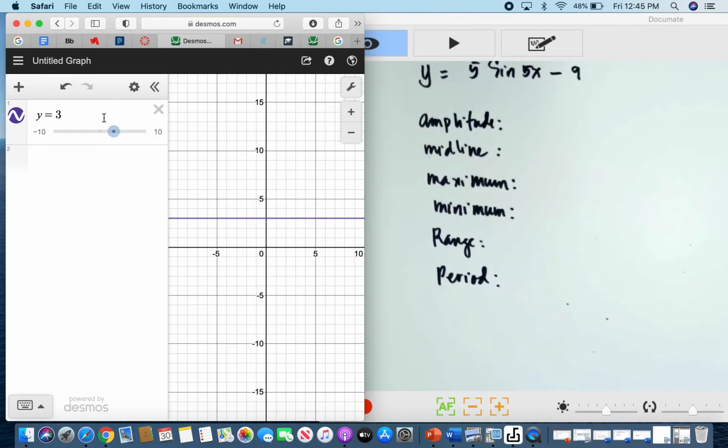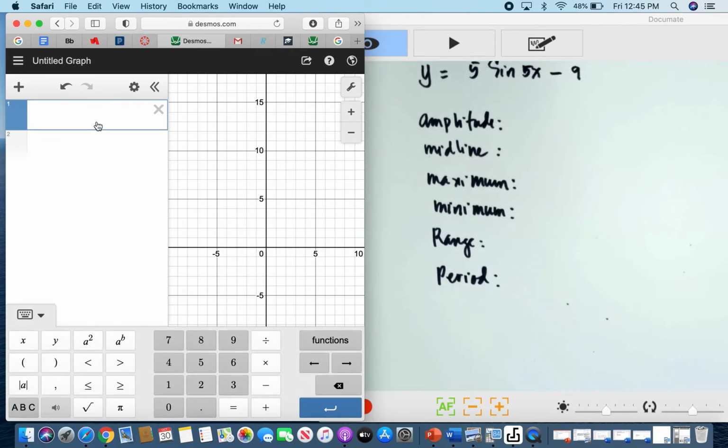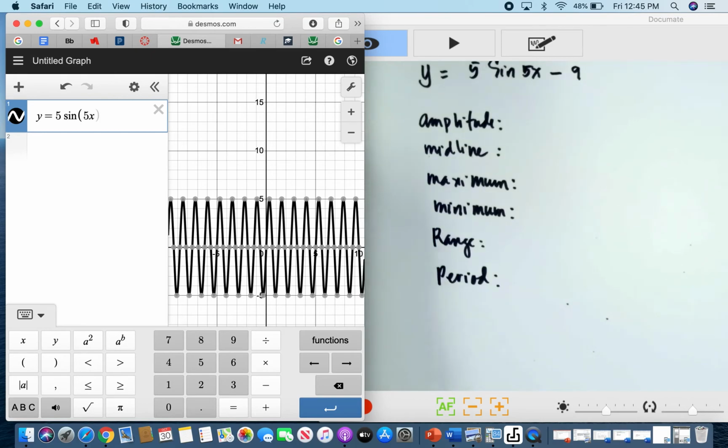So again, when we graph this, you have y equals 5 sine 5x minus 9.